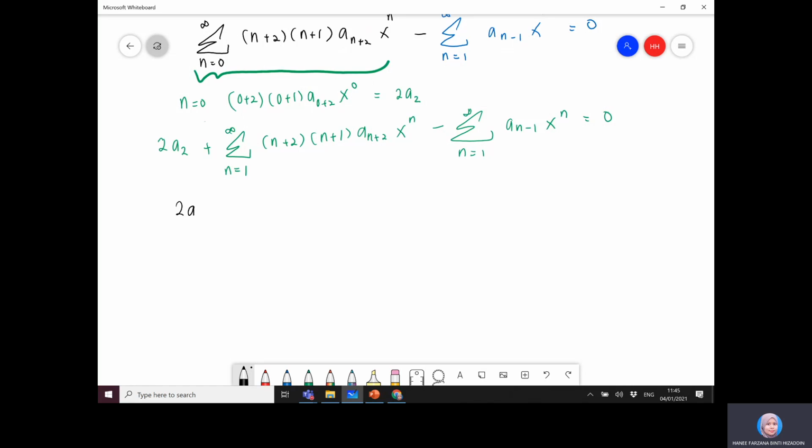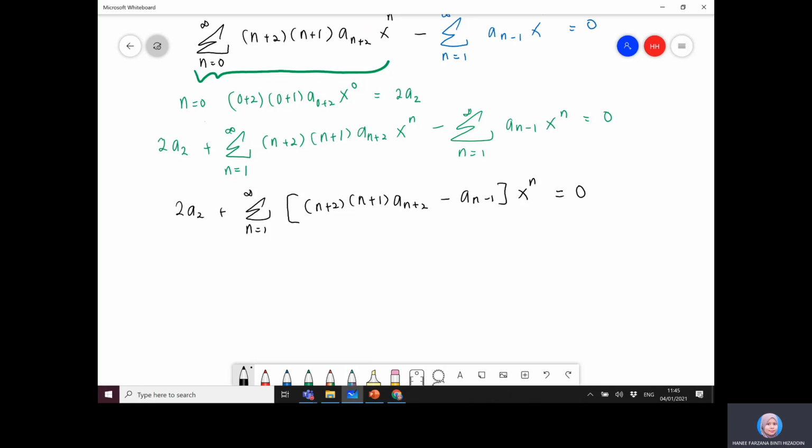So we still have the 2a2, and we have n equals to 1 to infinity, and then we can factor out the xn and put the coefficients together. So n plus 2, n plus 1, a n plus 2 minus a n minus 1, the whole thing factored out, and then multiplied with xn, everything equals to 0.